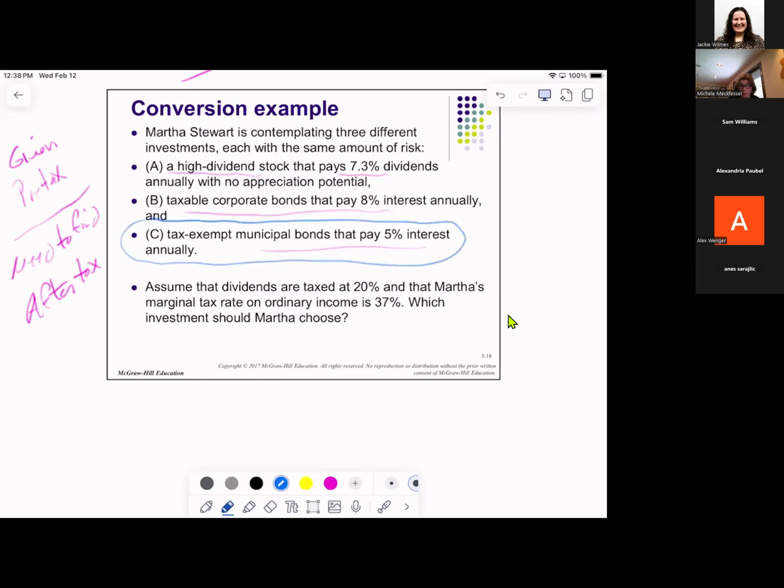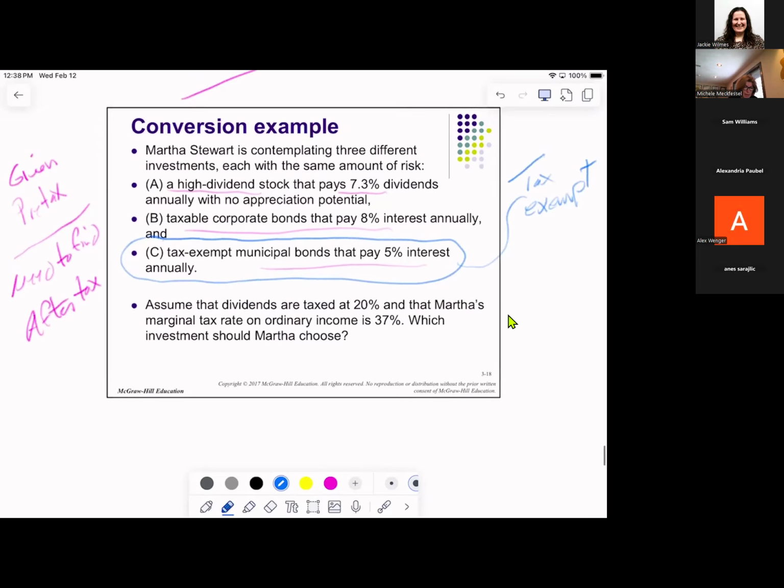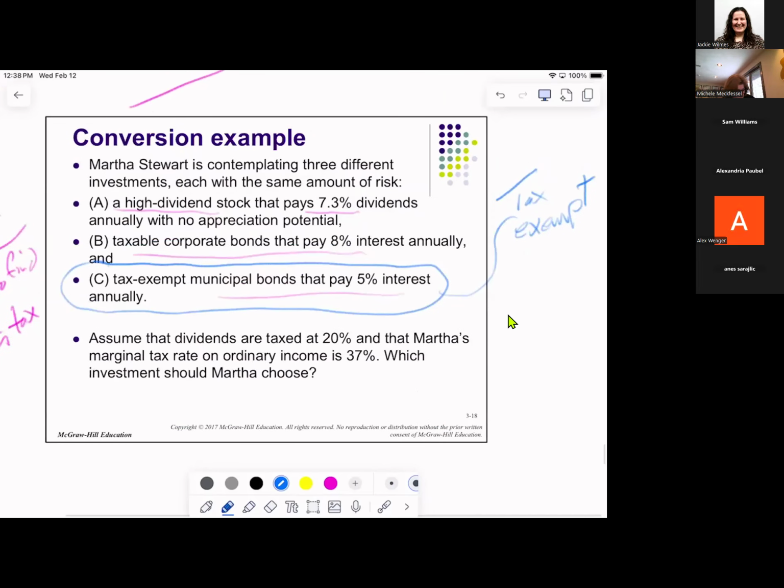The easiest one to work with is always going to be the municipal bond, because remember that municipal bonds are tax exempt. What tax exempt means is that pre-tax equals after tax.